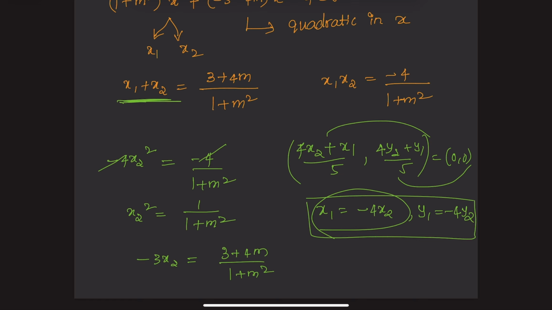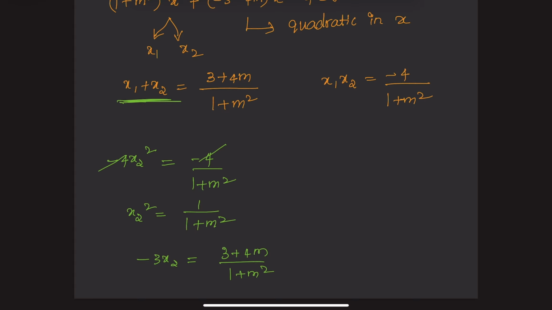Alright. Squaring on both sides. Then we will get 9x2 square is equal to 3 plus 4m whole square by 1 plus m square whole square. 9x2 square is simply 1 by 1 plus m square.